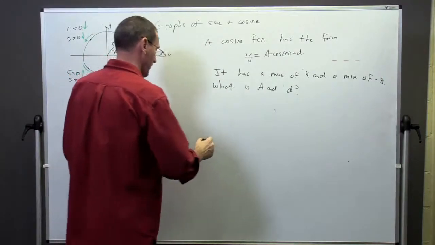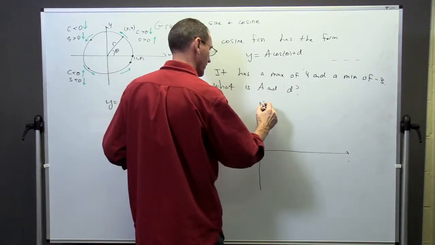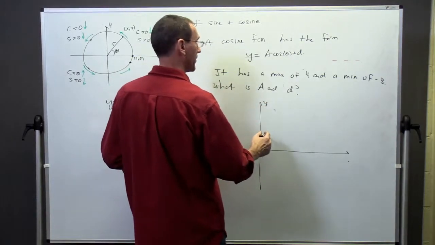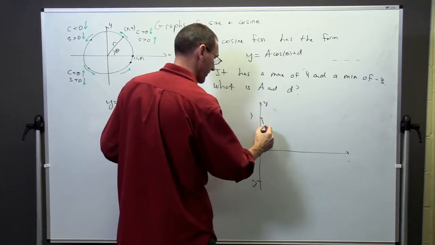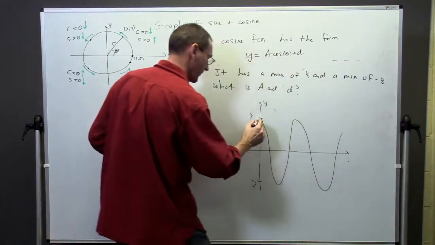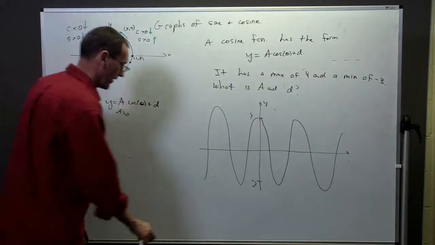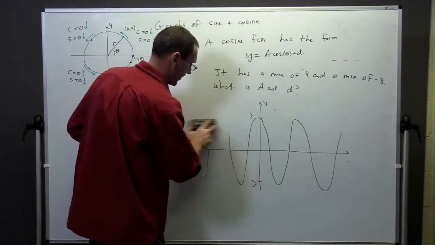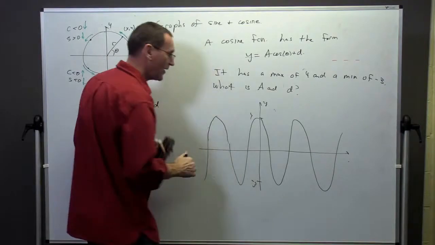Okay. So what does that mean? So if I were to graph this thing, this is going to go from 4 to -3. Yep, it's going to look like that. It's a bit exaggerated. So I have that.